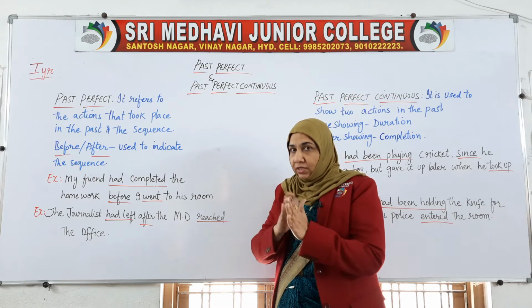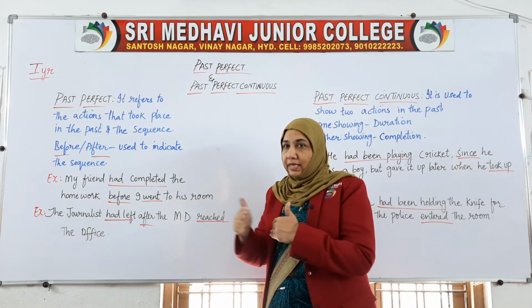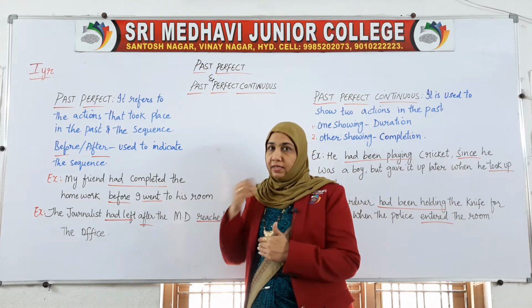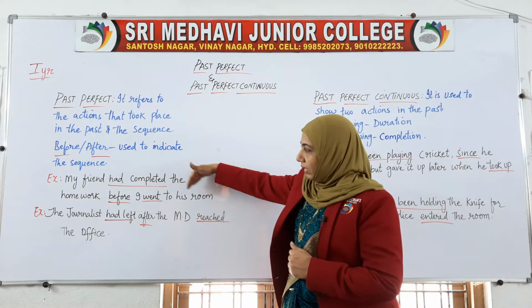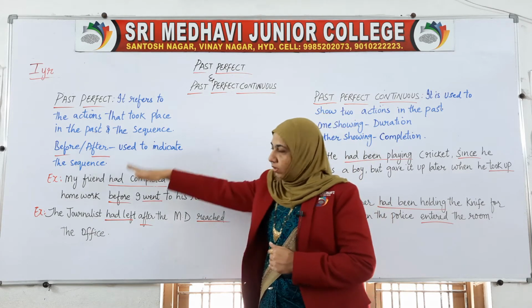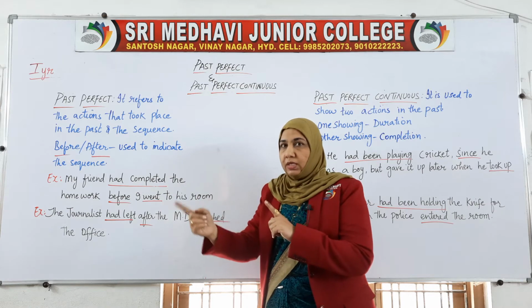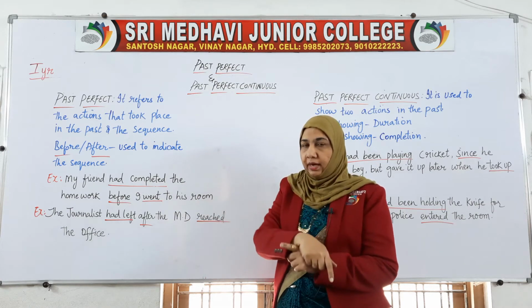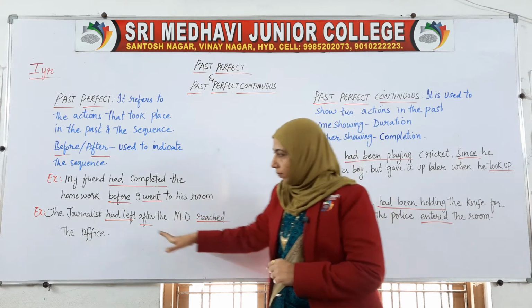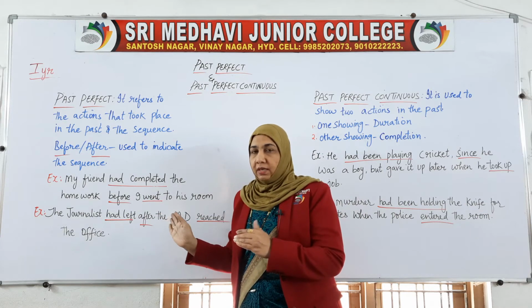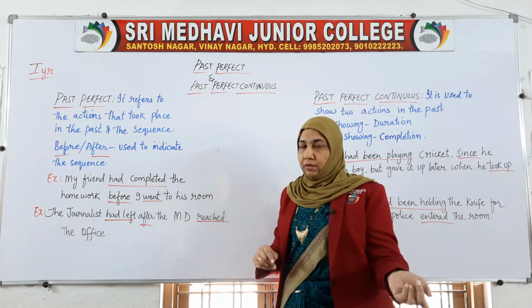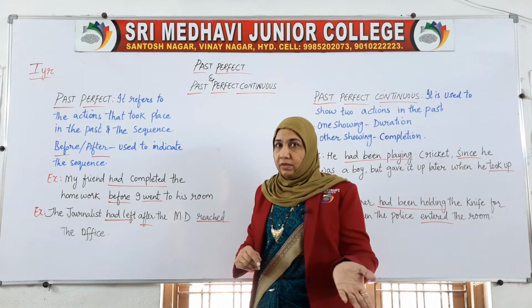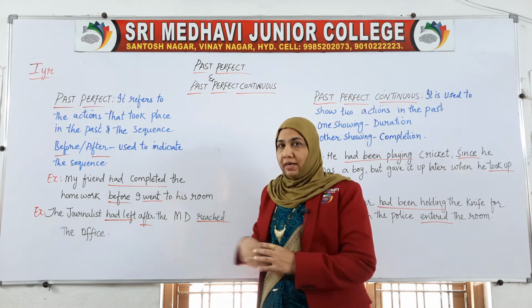So that is an interrelation of the sentences, like when he went to his room, he found this. This shows a sequence, one then the other. Here also the same: when the MD arrived at the office, the journalist had already left.